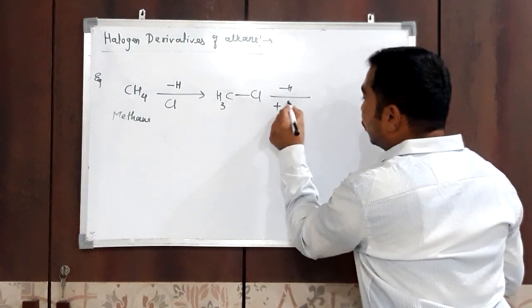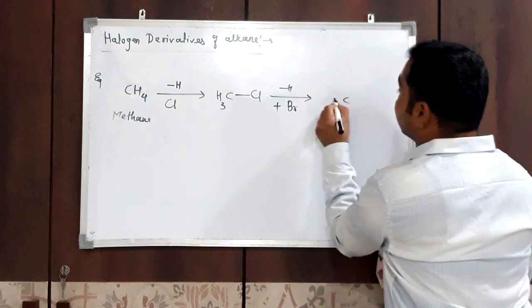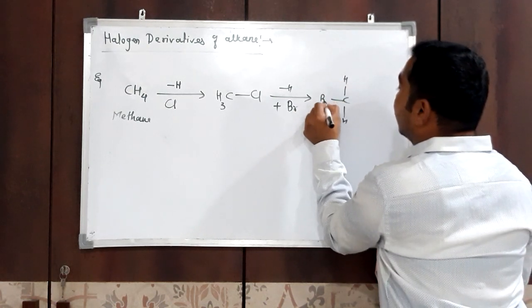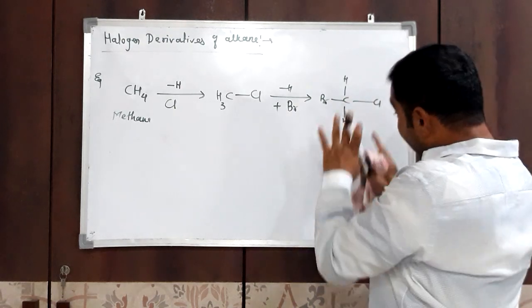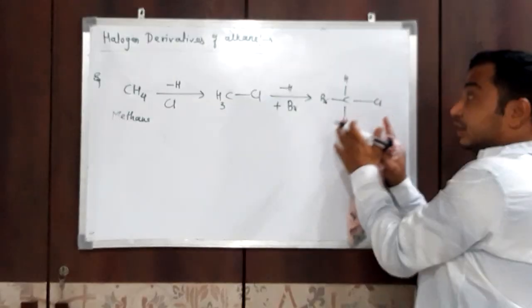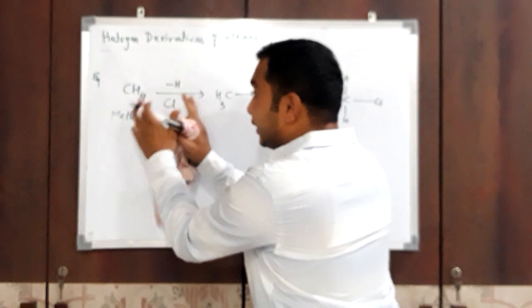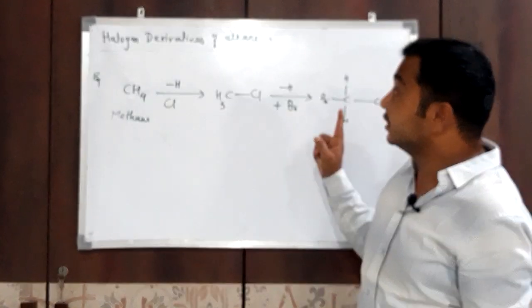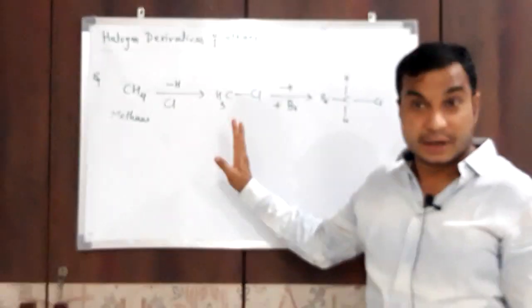For example chlorine, bromine. Then what do we get? We get this type of compound with Br and Cl. Again, this new compound is obtained from methane by replacing 2 hydrogen atoms, one by chlorine and second by bromine. So this resulting compound is considered a halogen derivative of alkane. And so on.